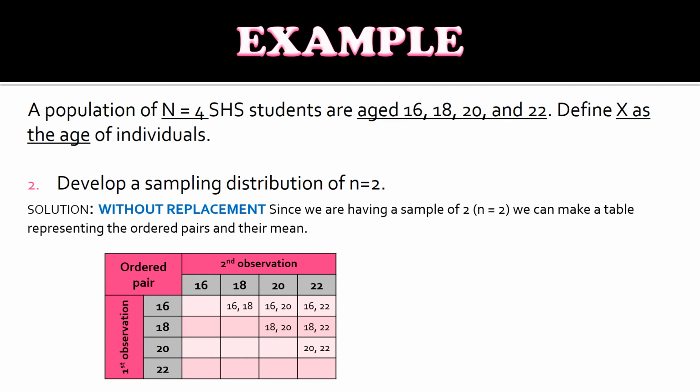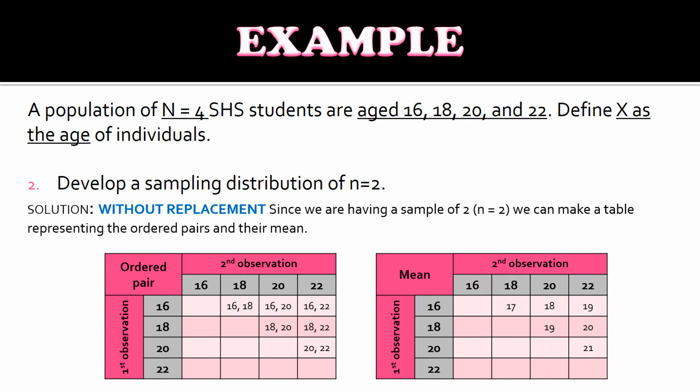So we only have 16 and 18, 16 and 20, 16 and 22, 18 and 20, 18 and 22, and then we have 20 and 22. And for their mean, here's how it looks. For 17, we have 1, 18 also 1, 19 is 2, 20 is 1, and 21 is also 1.